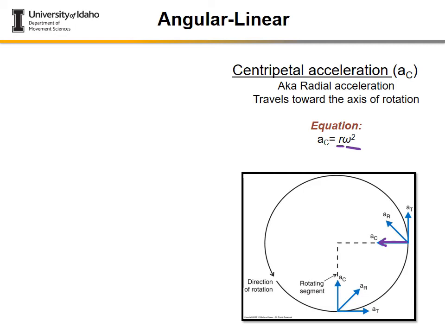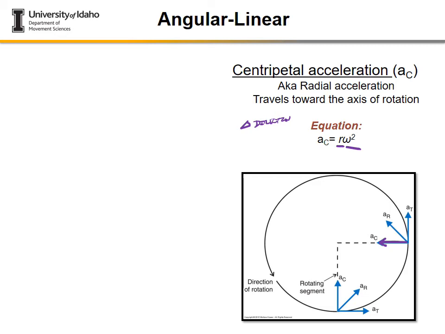And this is a measurement of the change in direction of the acceleration. The acceleration completely changes direction as you go through rotation, and that is what centripetal or radial acceleration represents.